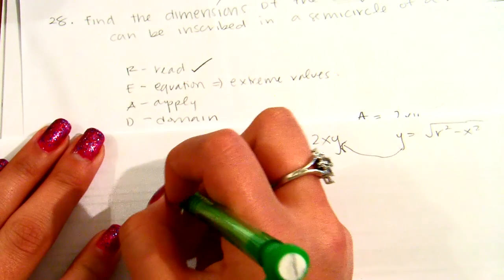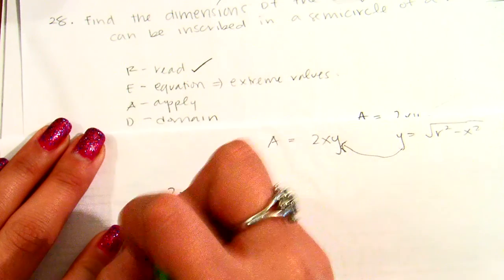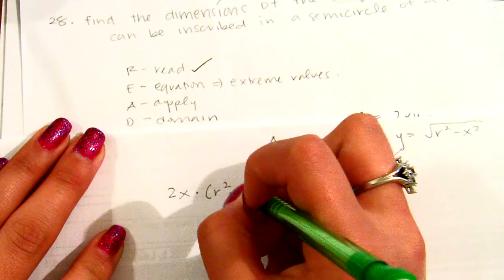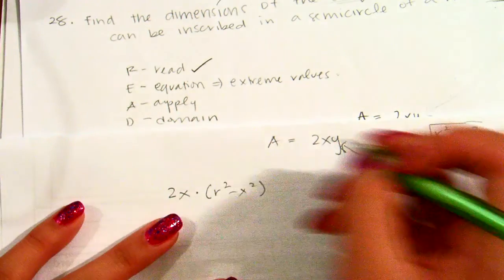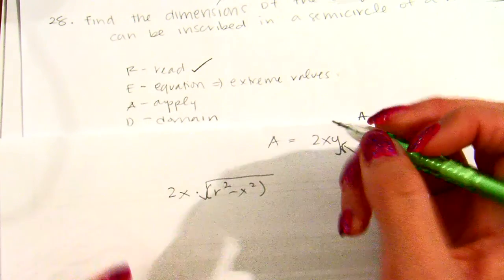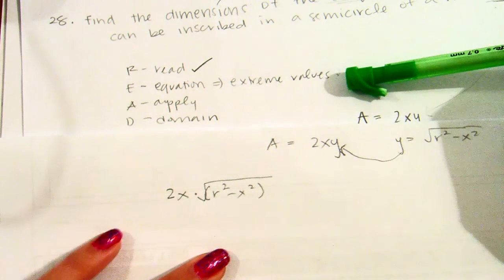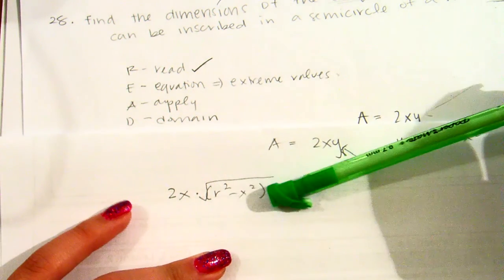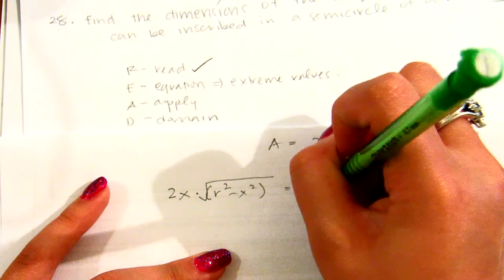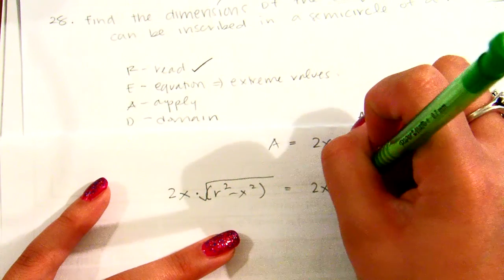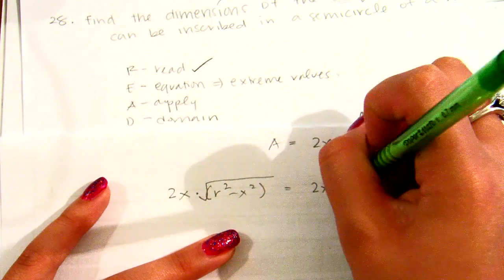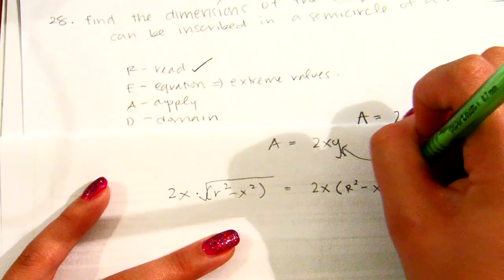So we have 2x times the square root of r squared minus x squared. And then it says to find our extreme values. In order to find our extreme values, we first need to rewrite this, and we write it as 2x times (r squared minus x squared) to the 1/2.